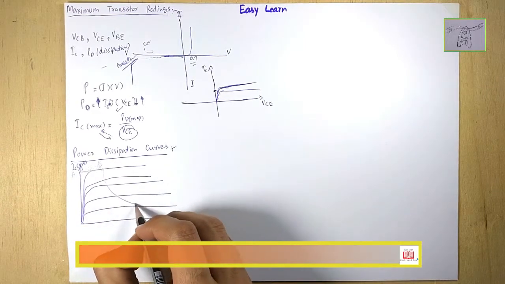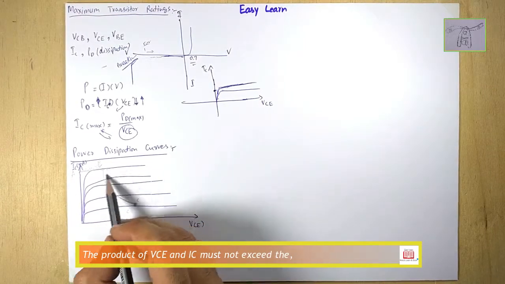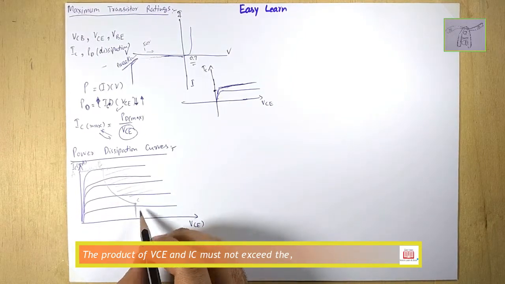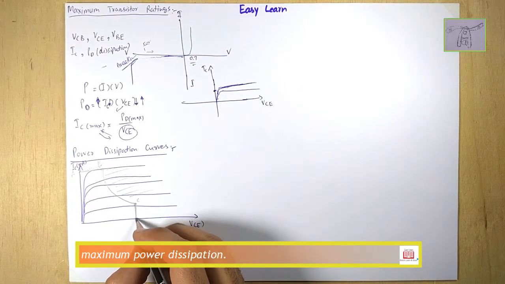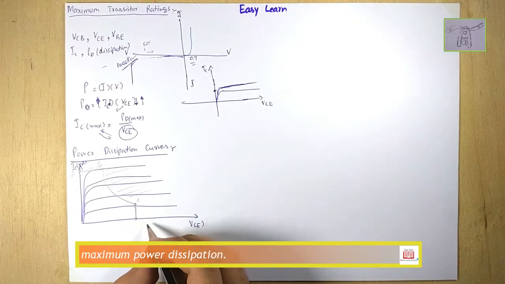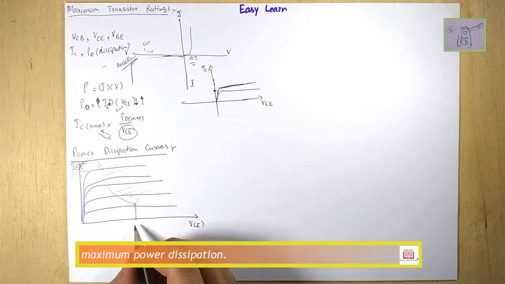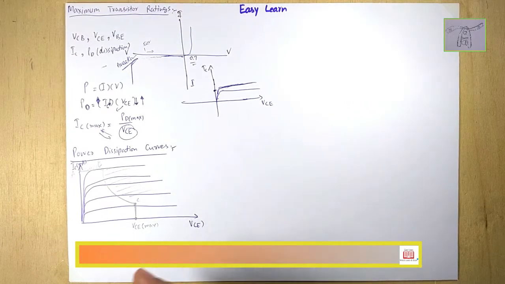Then the graph will look like this, and let's say this is a C point. This shows the maximum power it can withstand. And here this graph goes vertically on the y-axis, and it touches the VCE at a point that is called VCE maximum, and this shows the maximum voltage it can withstand.